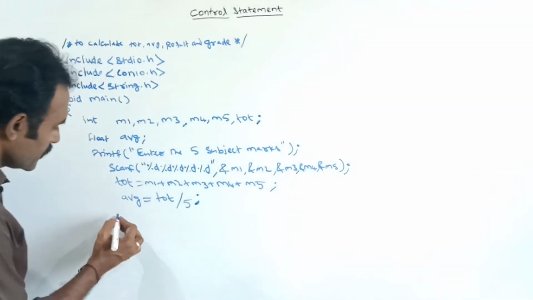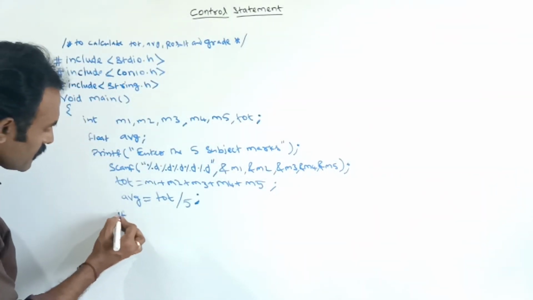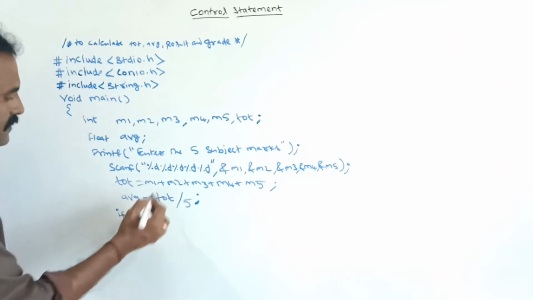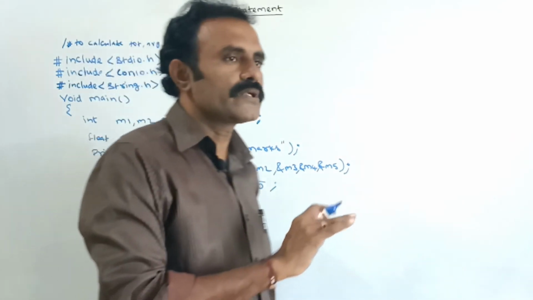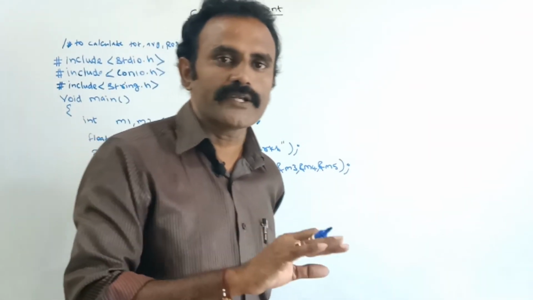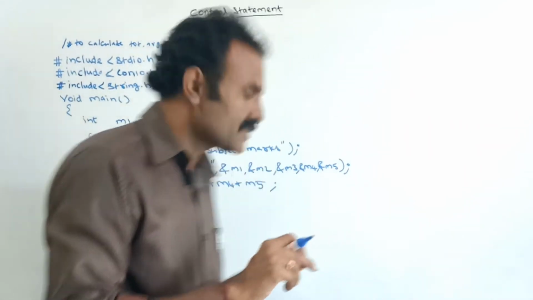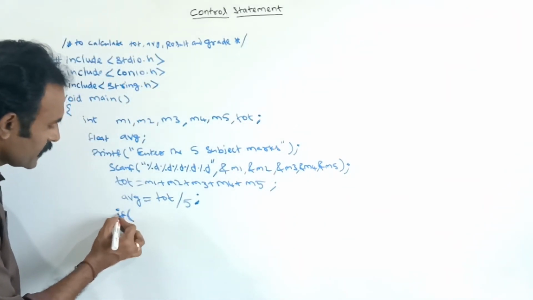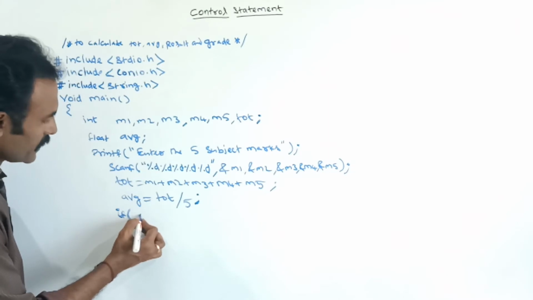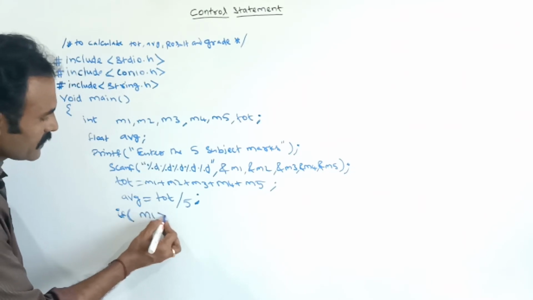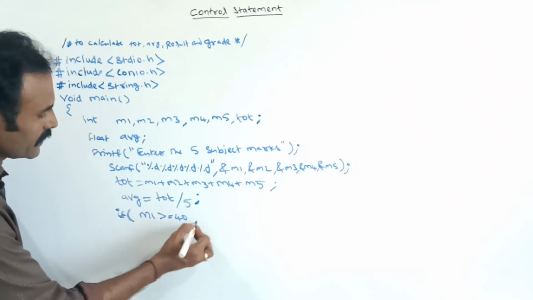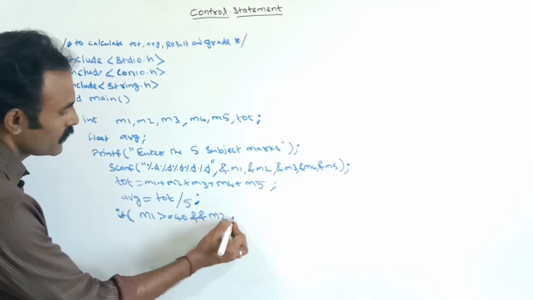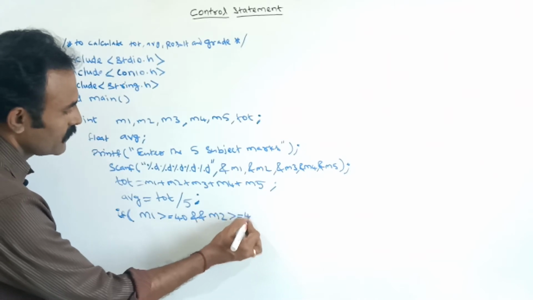Here in the if condition, the condition should be that in every subject the student should have greater than or equal to 40 marks, then only the result is pass. So with the help of this if condition, here I am using the AND operator. Here mark 1 is greater than or equal to 40. Next, and mark 2 greater than or equal to 40.